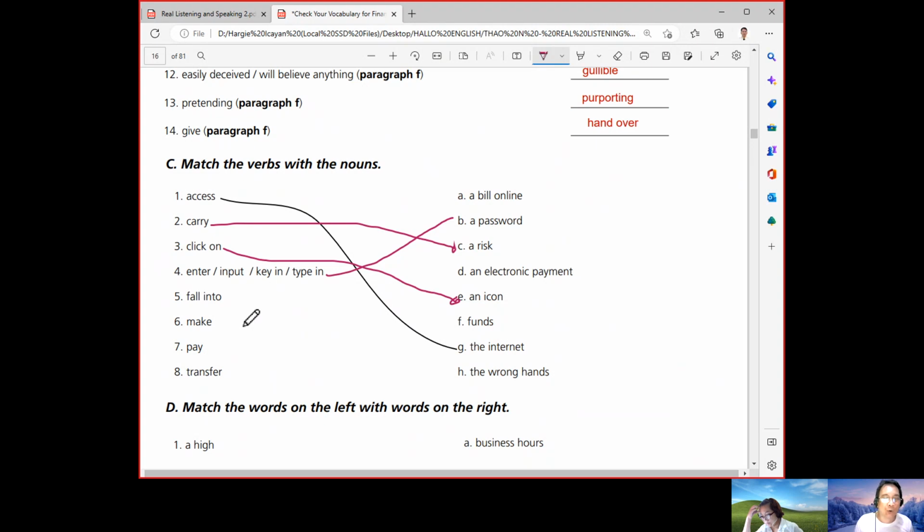Fall into. I don't know. Okay, so it should be fall into the wrong hands. What does it mean? When we are talking about fall into, that means if you spend the money on not so important spending, that money falls into the wrong hands.